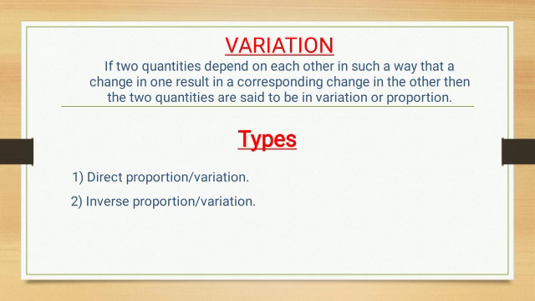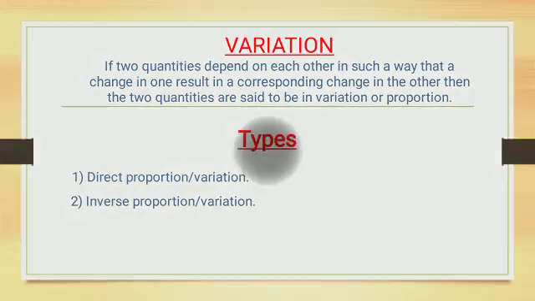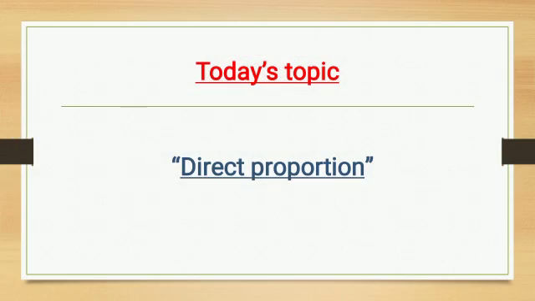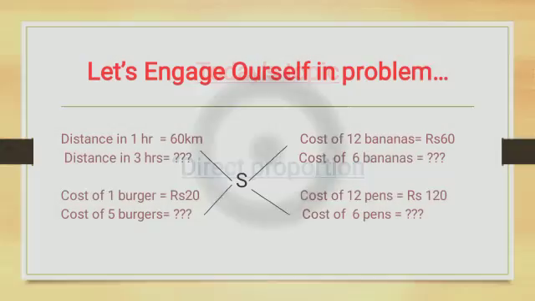Today in this lecture we will discuss direct proportion, and in the next lecture we will discuss only inverse proportion. If you want to understand the topic clearly, we have to engage ourselves in some problems. So let's have a look at some examples.